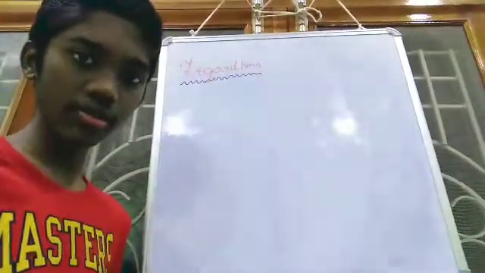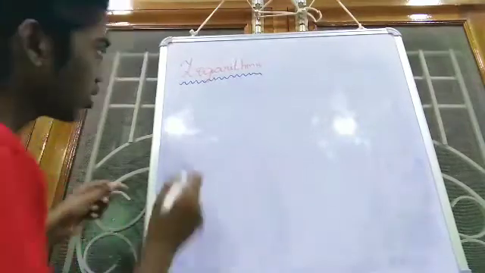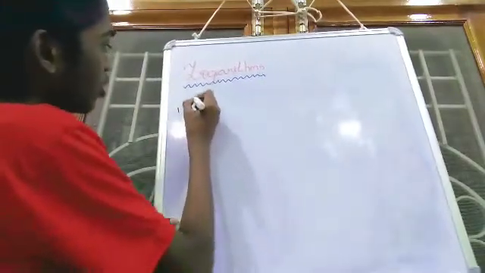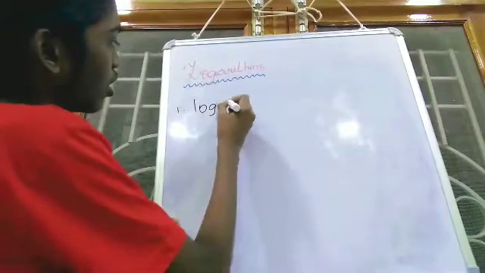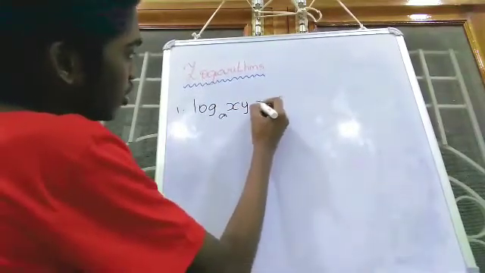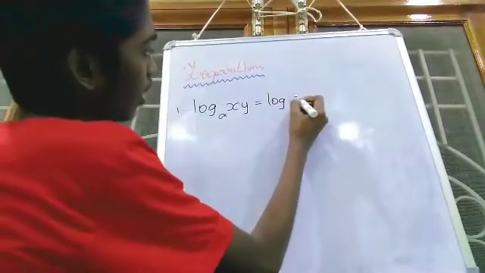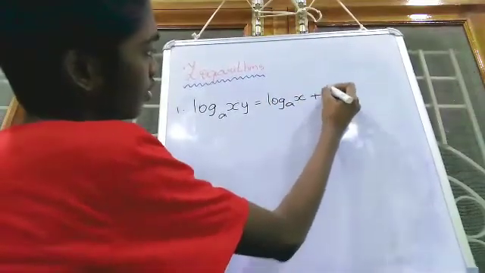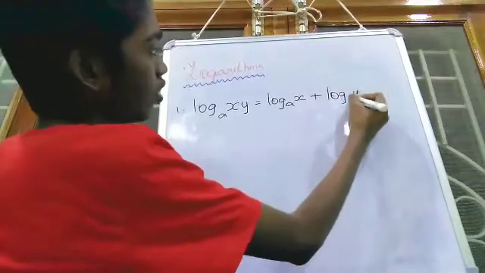Now let us discuss some of the logarithmic identities. So the first identity is log xy to the base a is equal to log x to the base a plus log y to the base a.